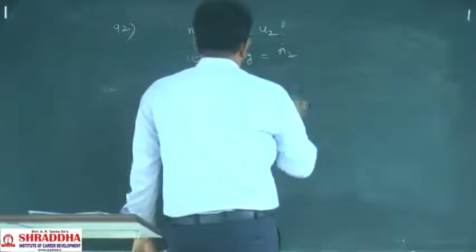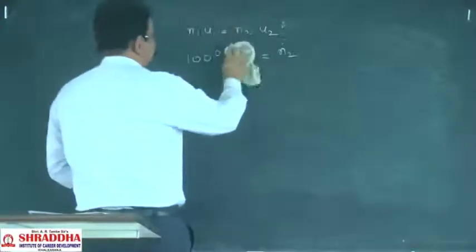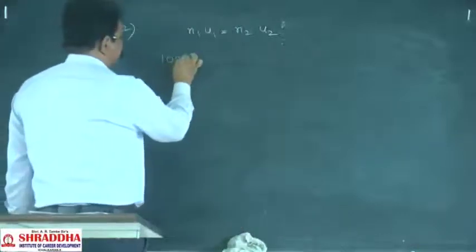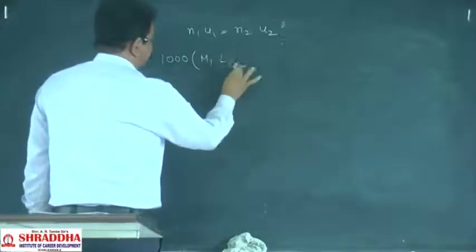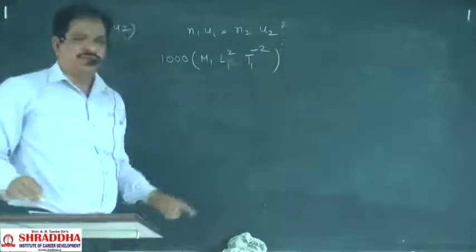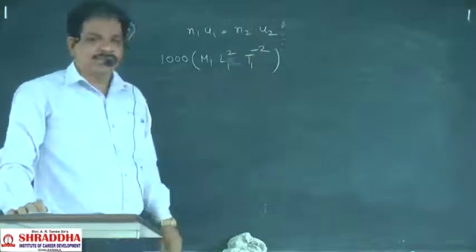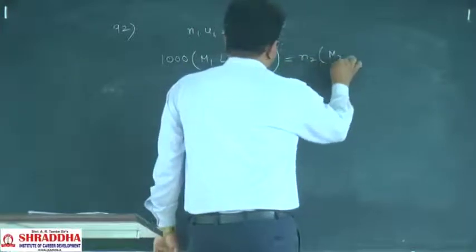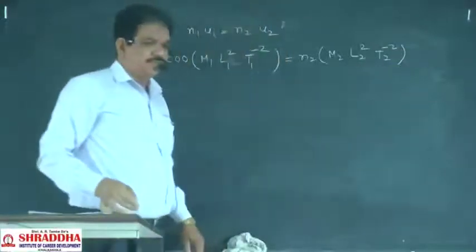N2 into U2. U1 is earth dimensional formula you write, 1000 erg. Erg is the unit of energy. ml square t power minus 2. So m1 L1 square T1 power minus 2 is equal to n2 m2 L2 square T2 power minus 2.